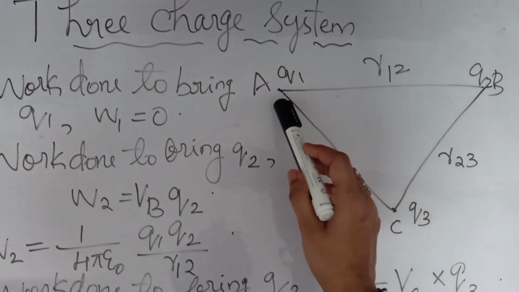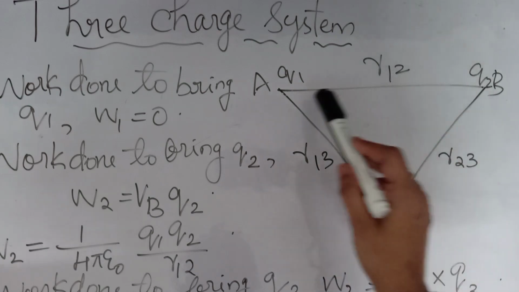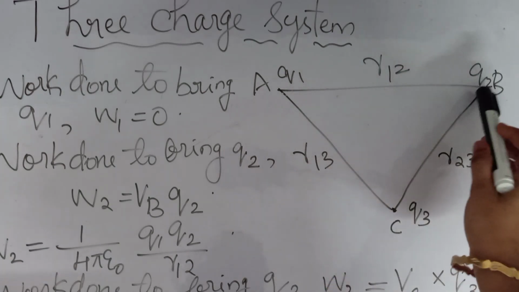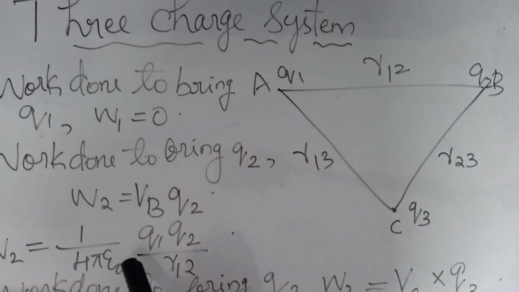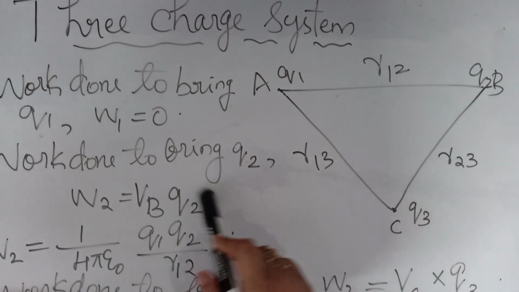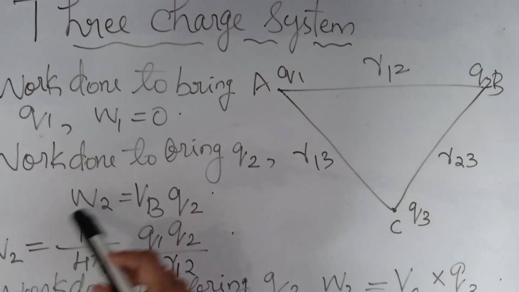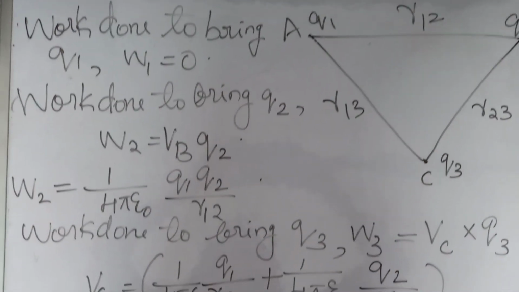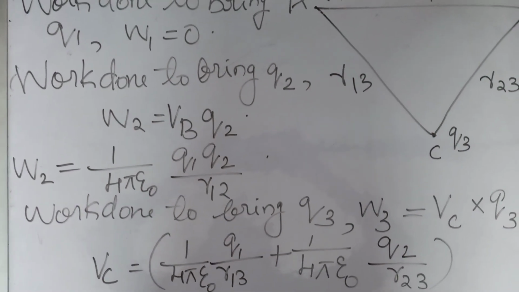If we consider Q2, Q1 charge is already there, so due to this Q1 charge there will be a potential. That will be equal to 1 by 4 pi epsilon 0 Q1 divided by R12. So into Q2, that work done we will get. So W2 is equal to 1 by 4 pi epsilon 0 Q1 Q2 by R12. Now that we have already told, that's why I am not giving that much explanation.